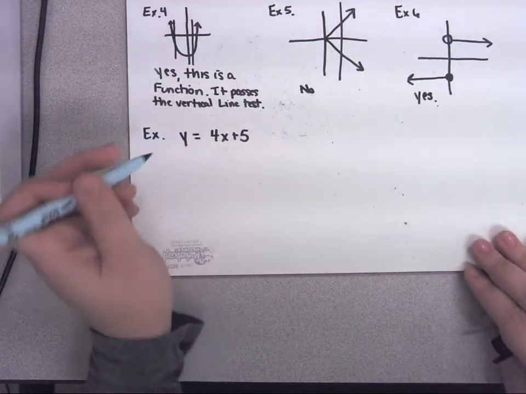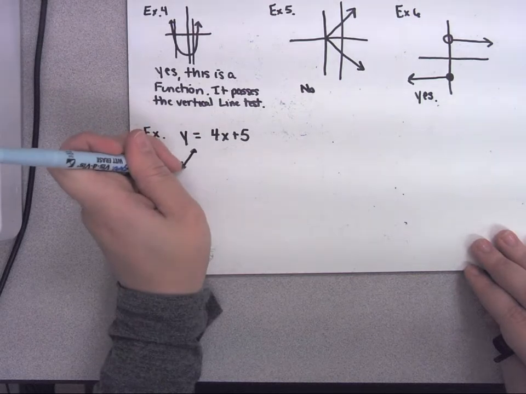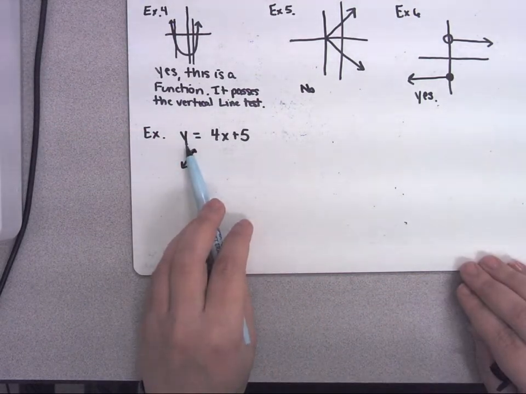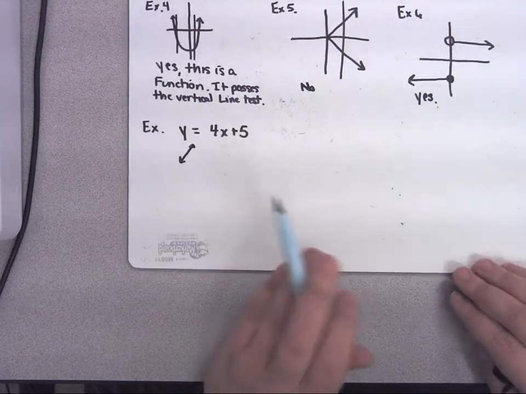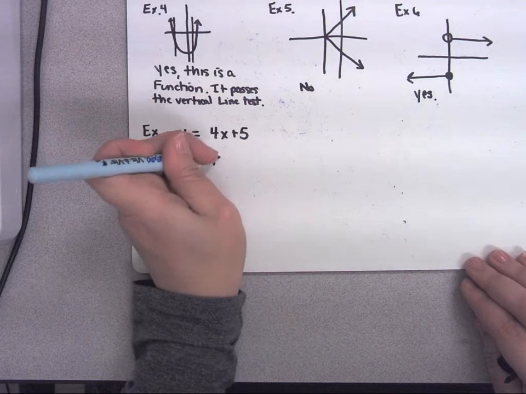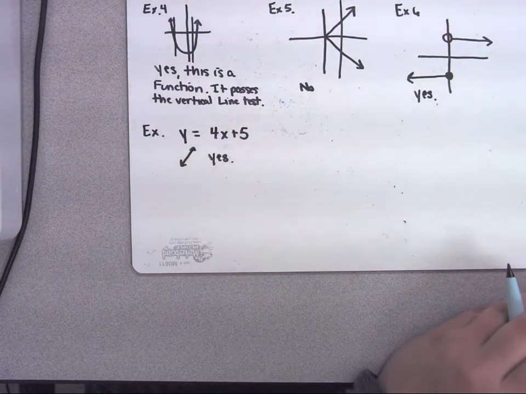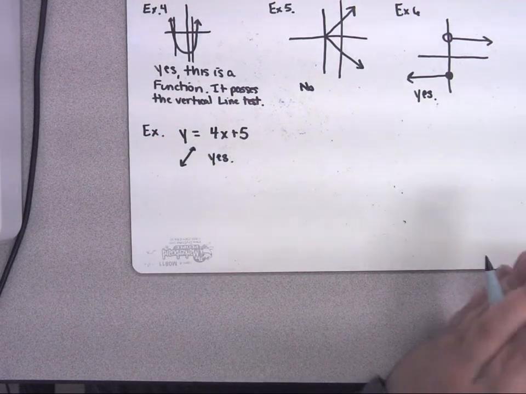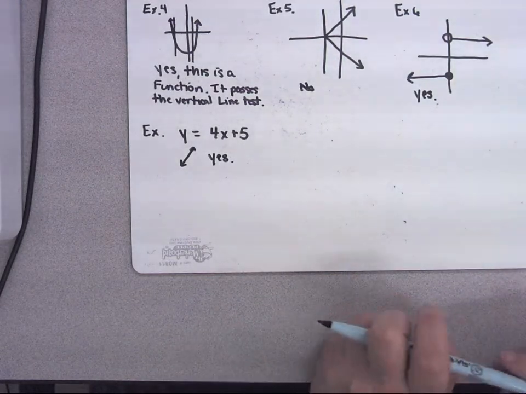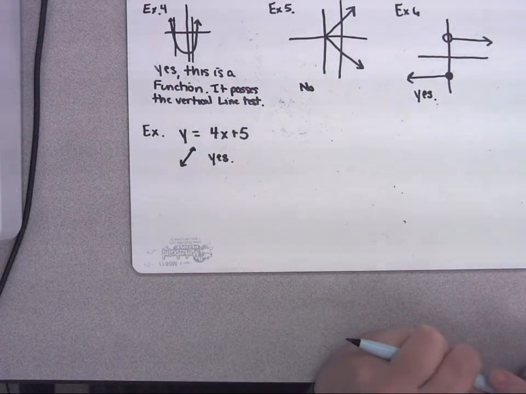But this guy makes a nice pretty diagonal line. So if you see just a y and just an x, no powers on them or nothing, this is yes, it is a function. Because y and x are meant to be together. They're like a pair. They're a perfect function.